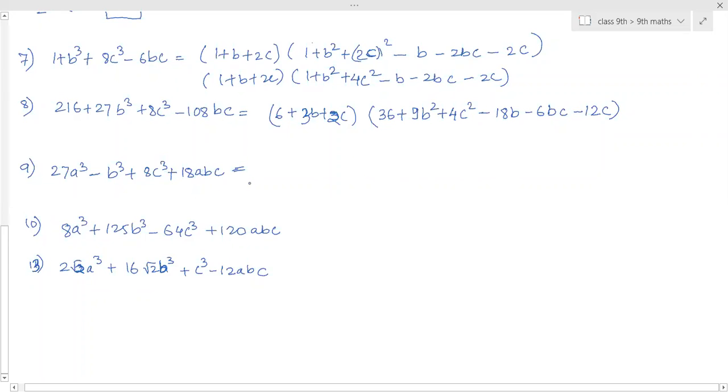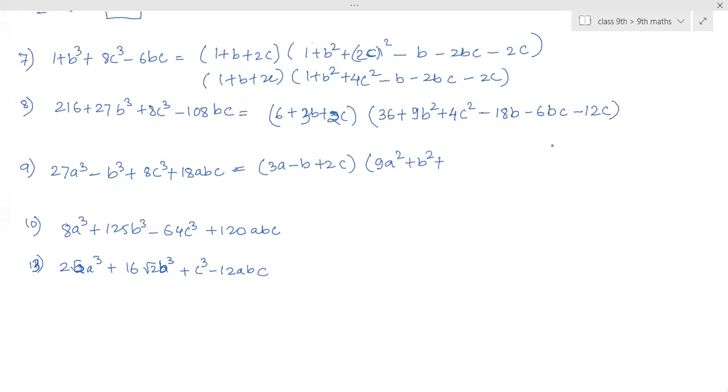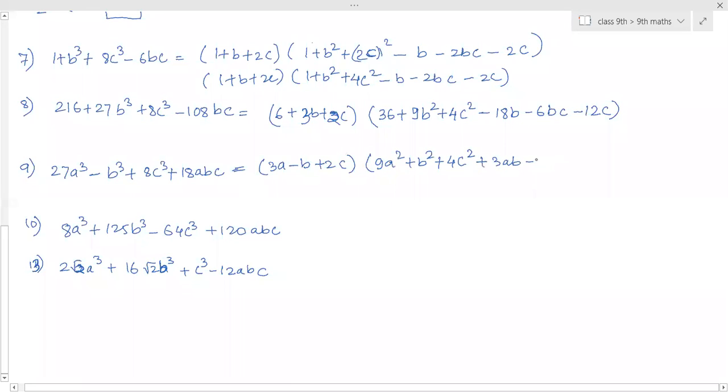Ma'am, it is 3a minus b plus 2c into 9a square plus b square plus 4c square plus 3ab plus 2bc minus 6ca.